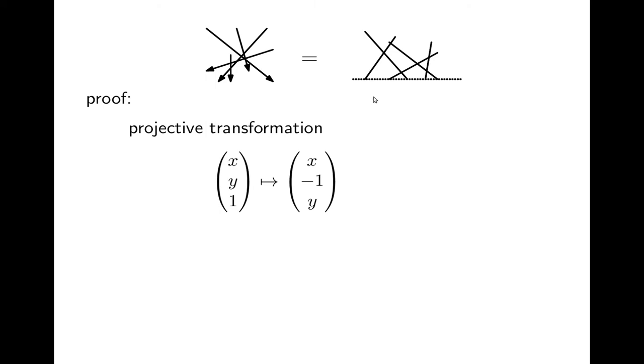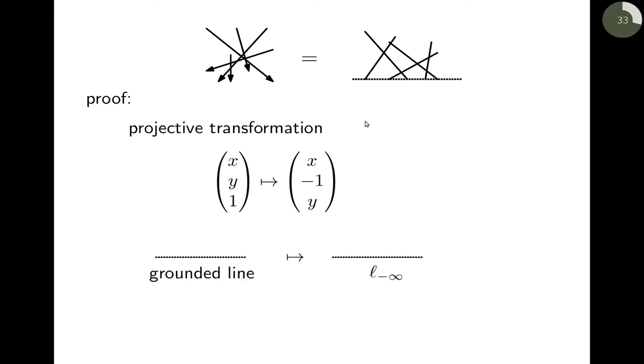I will not explain what projective transformation is, but in the projective plane, the mapping (x, y, 1) to (x, -1, y) maps the x-axis, let's assume that this line is the x-axis, to the line at infinity. So the grounded line goes to the line at infinity. And then all of those become downward rays.